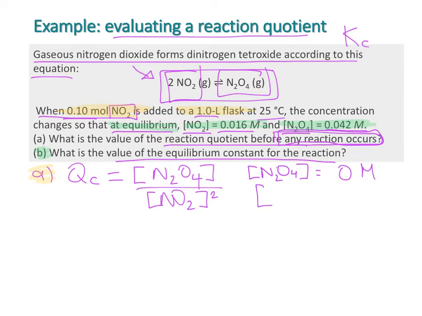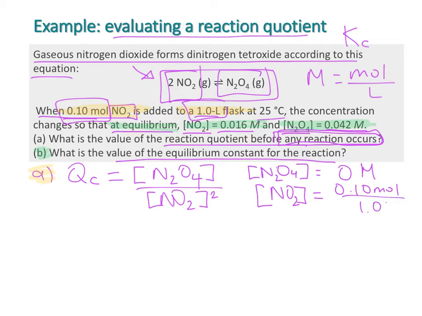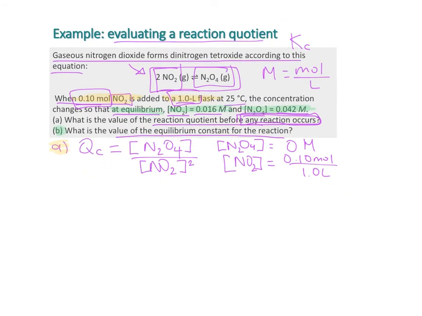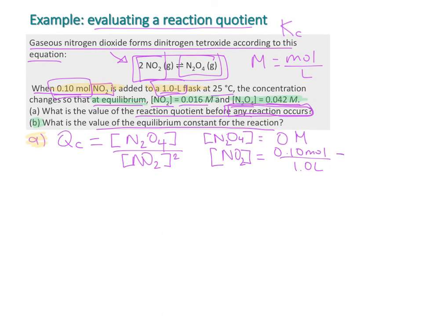For the reactant, they told us that we had 0.1 mole in 1 liter, and if you remember, molarity equals moles per liter. So we're going to divide that 0.10 mole by 1 liter. And luckily that's an easy calculation. So it's 0.1 molar for our NO2.